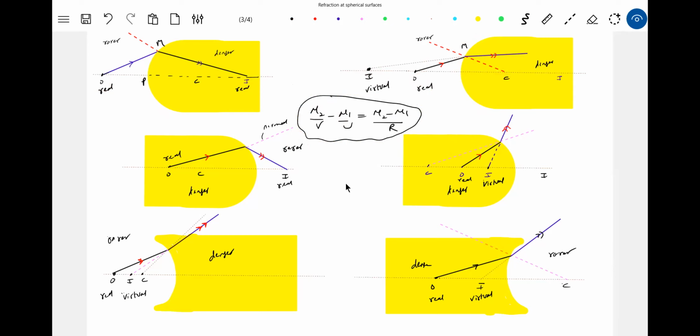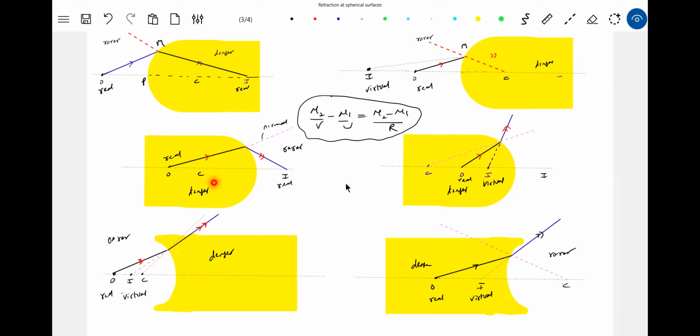There is a difference. Now look at this one. Object is in rarer medium. It is facing the convex boundary, and the image will be formed in the rarer medium. Is this formula applicable? Yes, it is.